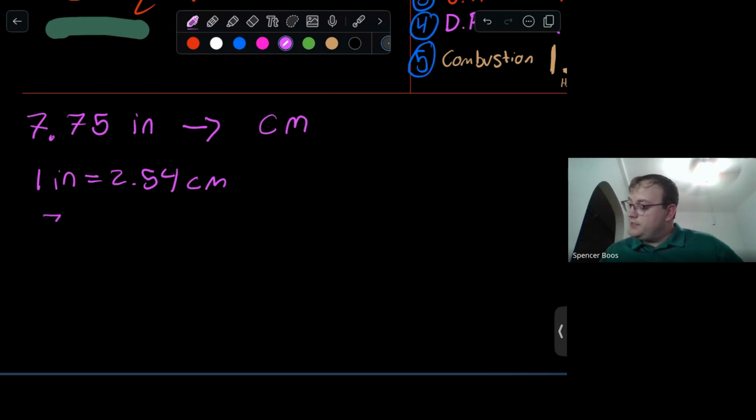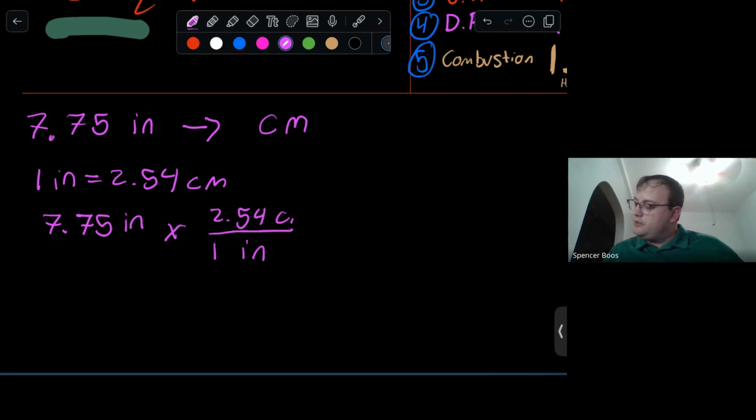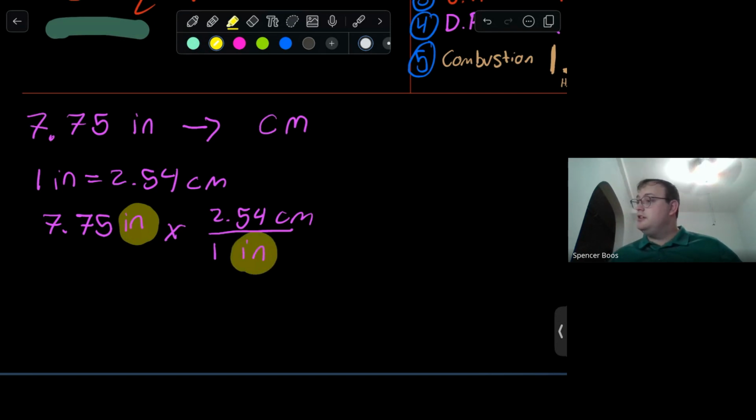So here I've got 7.75 inches. And I know that in every 1 inch, I get 2.54 centimeters. Key thing here, key. This unit here needs to be the same as this unit. You may be asking, oh, why, Mr. Boos?